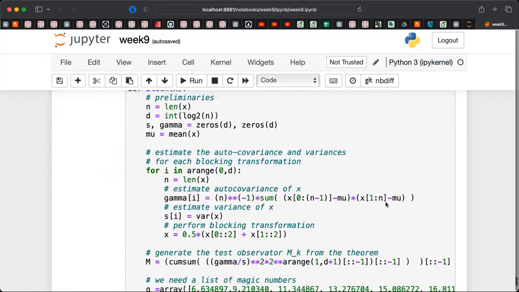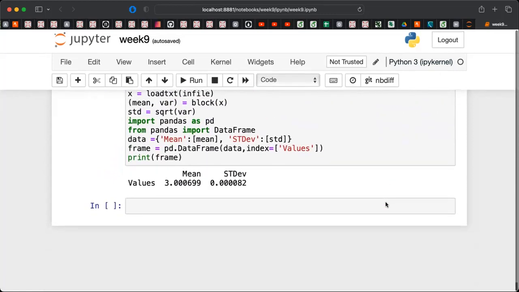When I then use the blocking method, and if we go down here, the mean value is now conserved, should be the same as I had with bootstrap, but this is now the standard deviation which is evaluated by the blocking method. And these are the results which we should present. So when we present the results, it should be 0.7 something plus minus the standard deviation, which you see here.